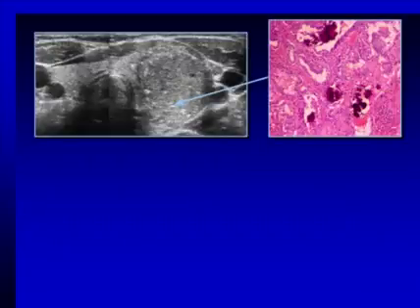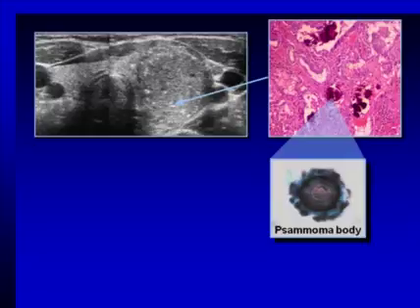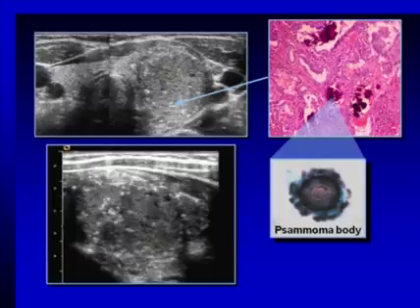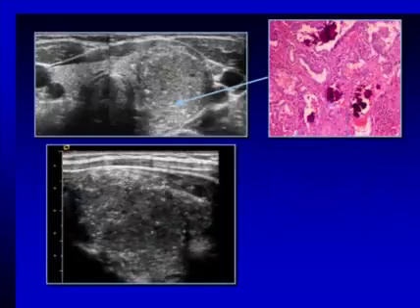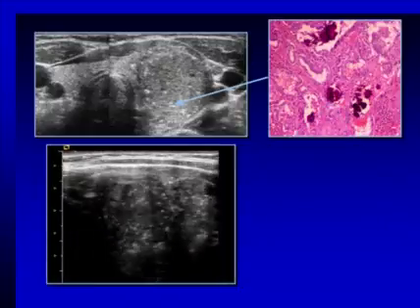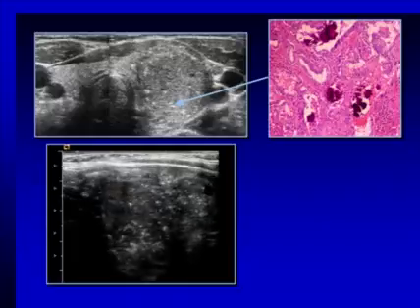Sometimes there won't be posterior acoustic shadowing unless the calcifications are clumped together. These tiny echogenic foci microscopically are believed to be psammoma bodies. They're calcified laminated spherules that the pathologist can see. They're present in about 50% of papillary cancers. On real time, we can see that these have a punctate echogenic appearance within the thyroid nodule.